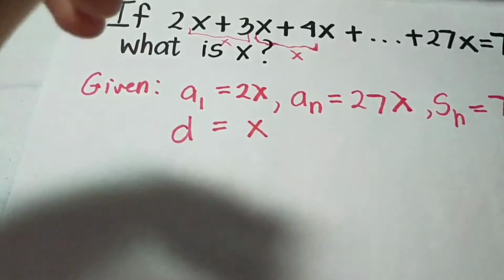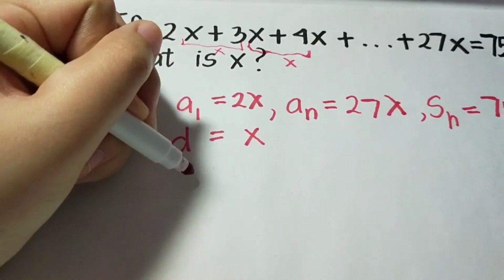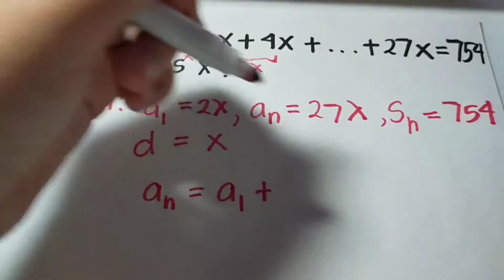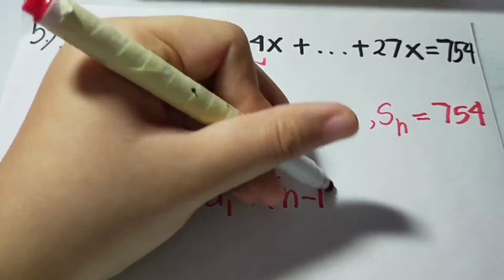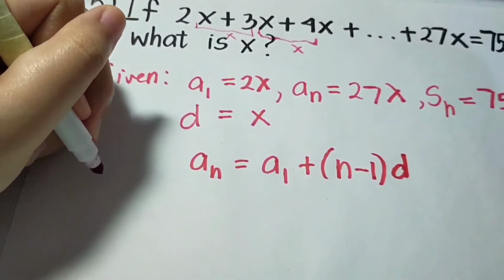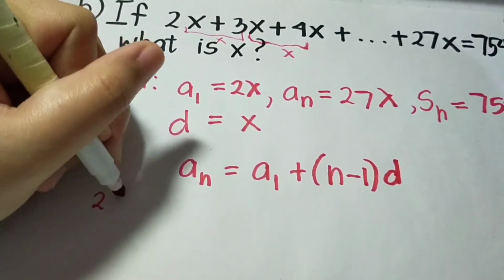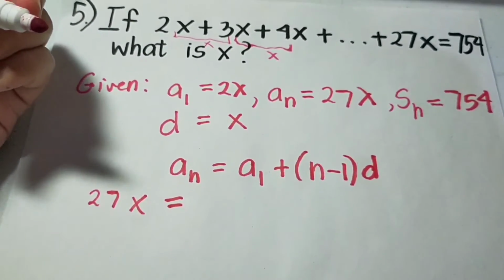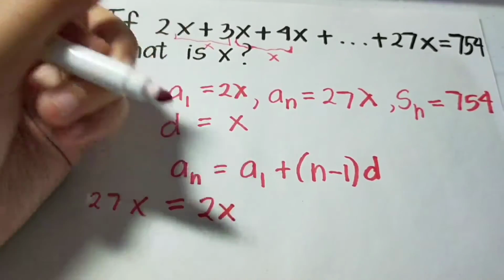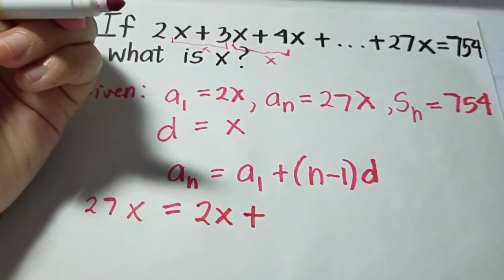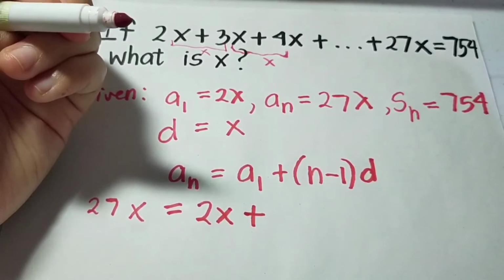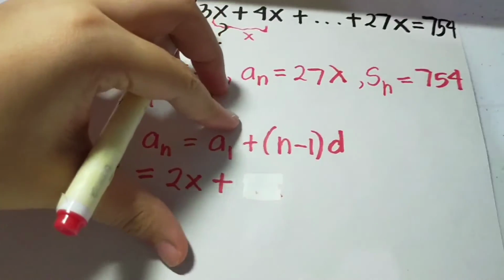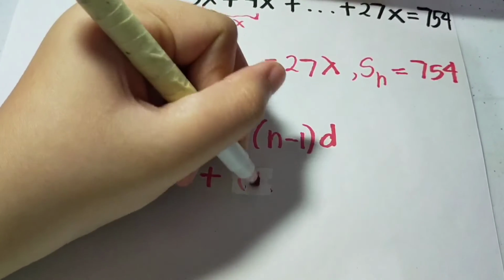So, gamitin muna natin yung formula ng arithmetic sequence which is a sub n is equals to a sub 1 plus quantity of n minus 1 times d. So, ano ang ating a sub n? 27x. Ano yung ating a sub 1? 2x. Plus, ano yung ating n? So, yung ating n, since it is missing, we will leave this as n.